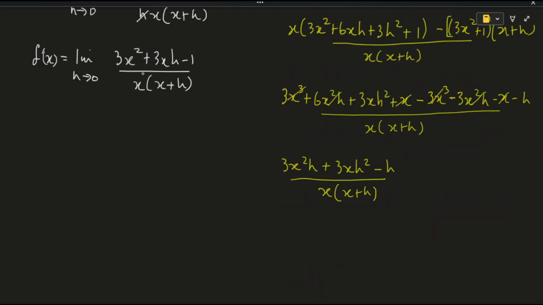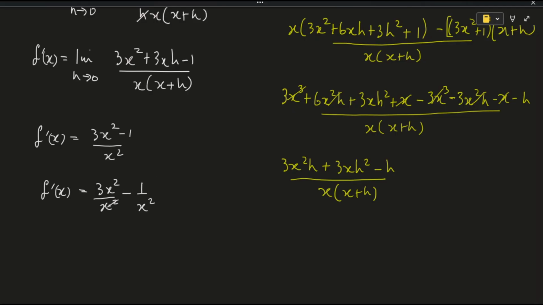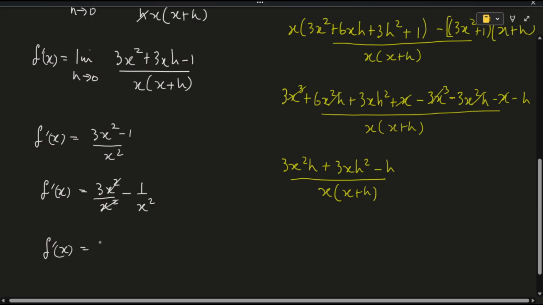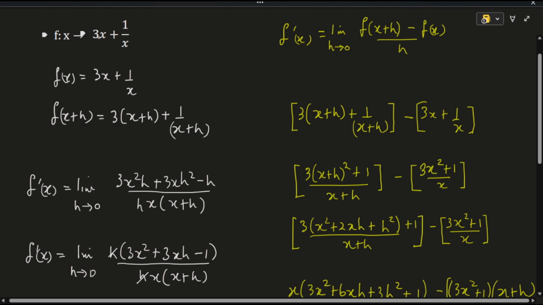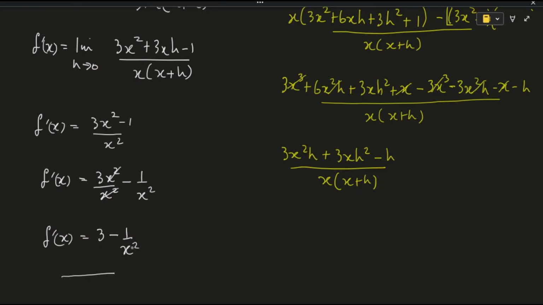So now here, let's let h approach 0. So this expression can be rewritten as this, so this cancels this, and we're going to have the derivative as, so the derivative of this expression over here using the first principle is given by 3 minus 1 over x squared.